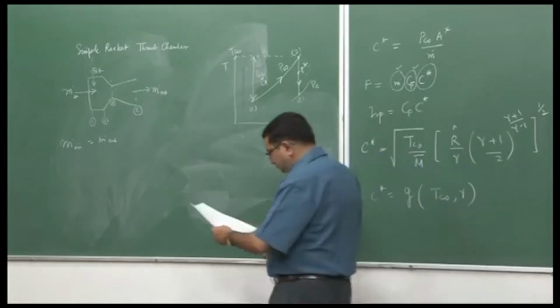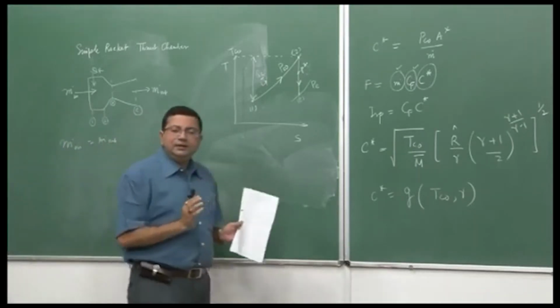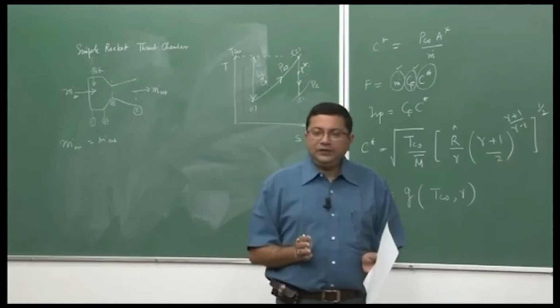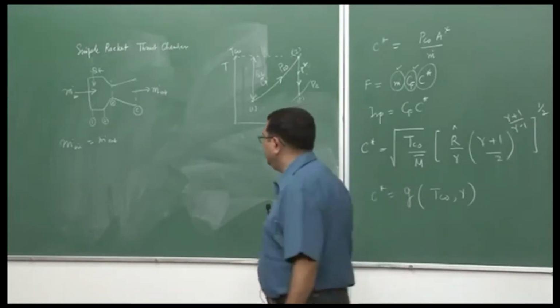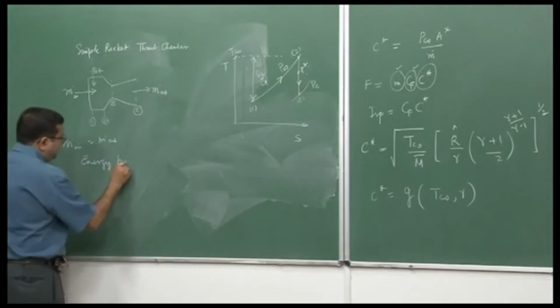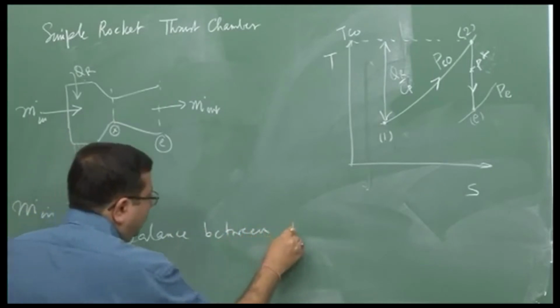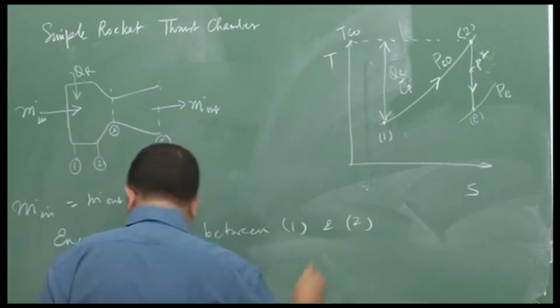Now, let us see what is happening. First of all, the energy is added in the combustion chamber. So, let us first do an energy balance for the combustion chamber between 1 and 2.